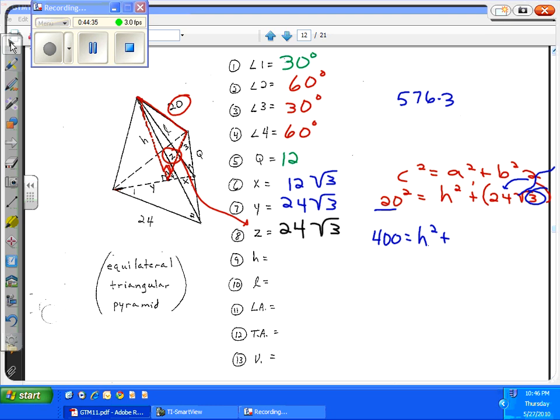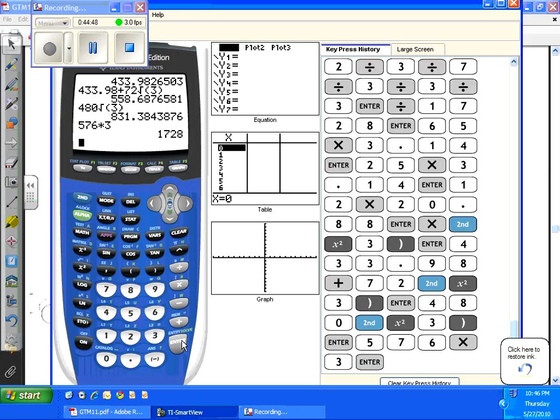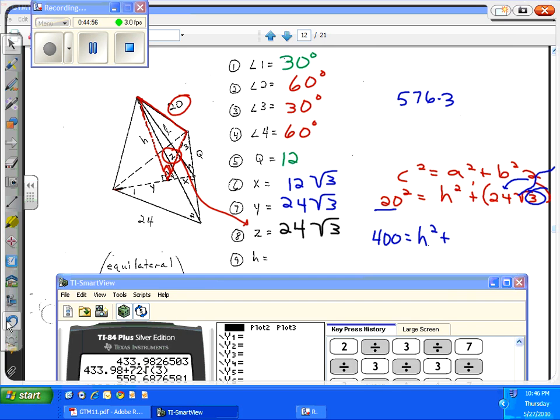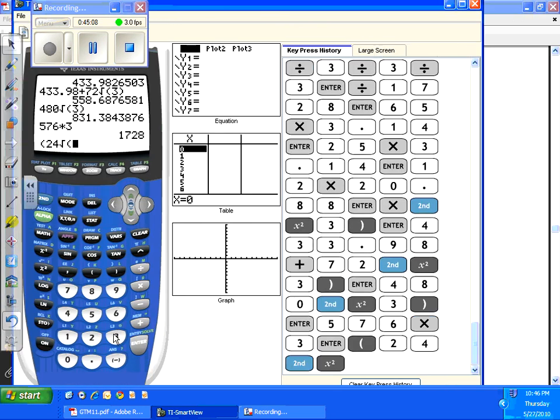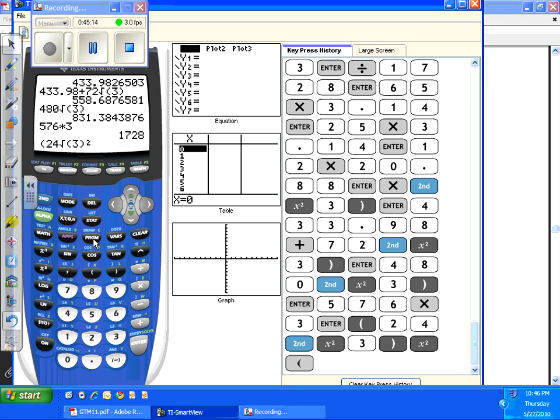So we have a 576 times 3. 24 square root of 3 square is 576 times 3. Or we could have put that in parentheses. Let me show you how you could have done that. 24 square root 3 close, square.